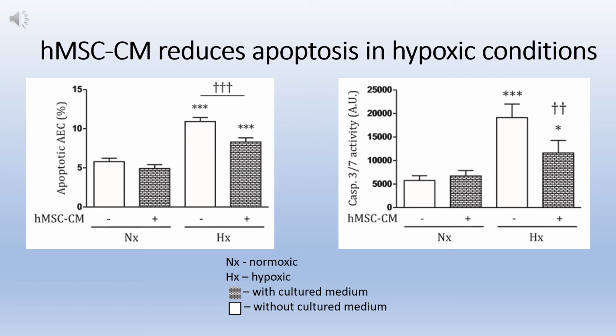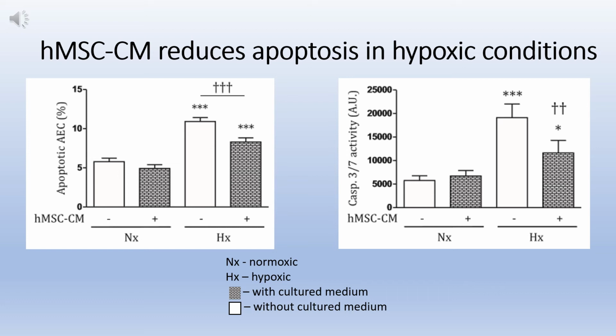Now, looking at the figure on the right-hand side of the screen, a similar conclusion can be reached. In this experiment, the researchers were measuring the level of caspase 3,7 activity on the y-axis under the same conditions on the x-axis. Caspase 3,7 is an essential apoptotic protein.